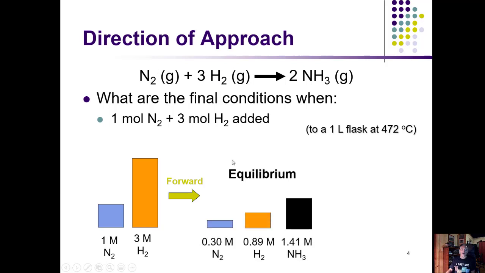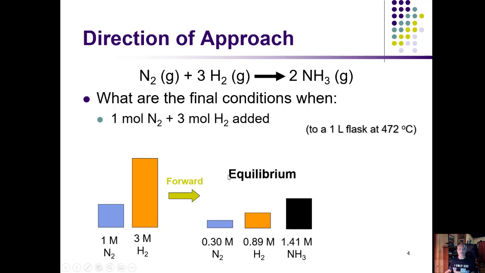And at equilibrium, after I run the reaction to the point where the concentrations of the products and the reactants stop changing, I wind up with 1.41 molar of ammonia and 0.89 molar of hydrogen and 0.30 molar of nitrogen. These are the equilibrium concentrations. I'm not losing any more reactants, and my product's concentration is staying the same.